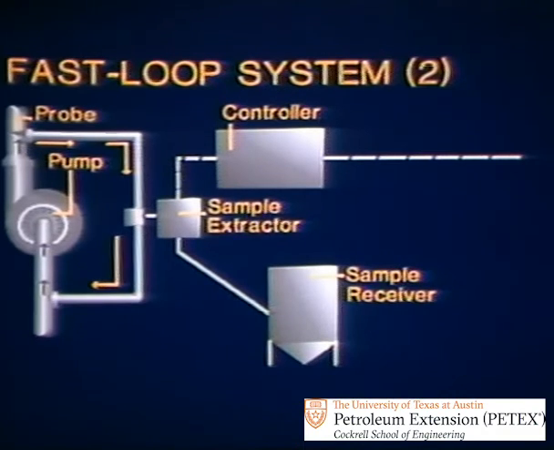Now, this fast loop system utilizes an existing pump in the pipeline. The fast loop starts at the probe on the discharge side of the pump. The sample extractor is in the vertical section of the loop. The loop re-enters the pipeline on the suction side of the pump.